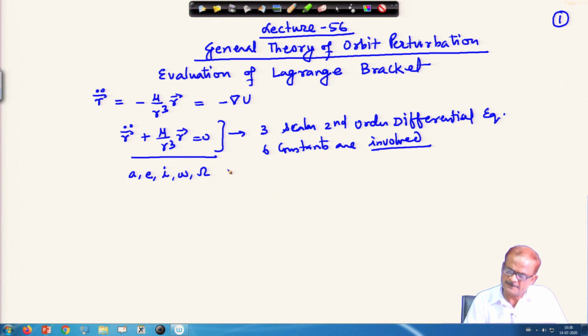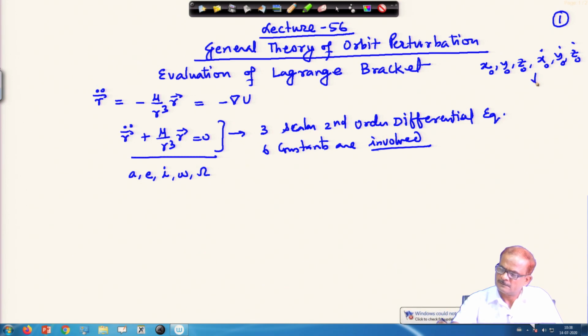The other constant will make a little difference here. If we are given x, y, z and x dot, y dot, z dot at any instant of time, say at t 0, which we indicate by putting the subscript 0, the corresponding orbital parameters are a, e, i, small omega, capital omega and theta 0.